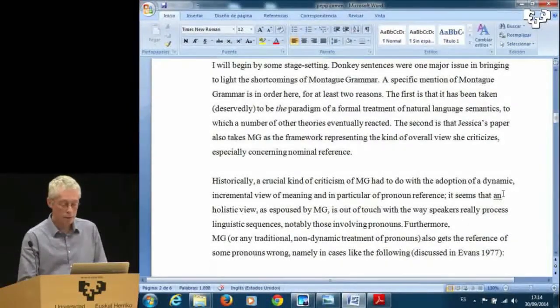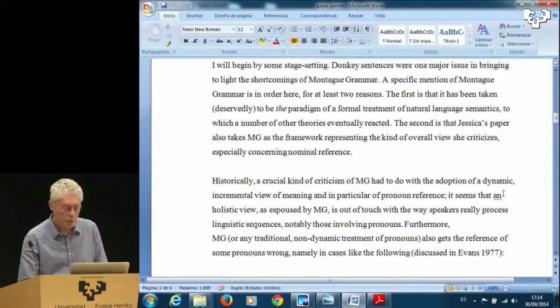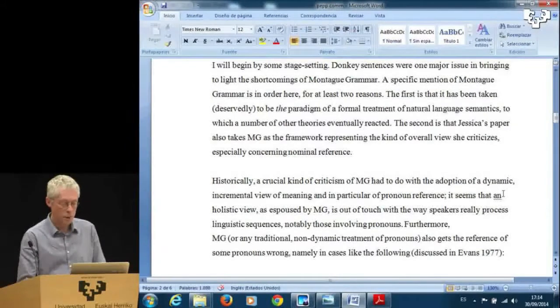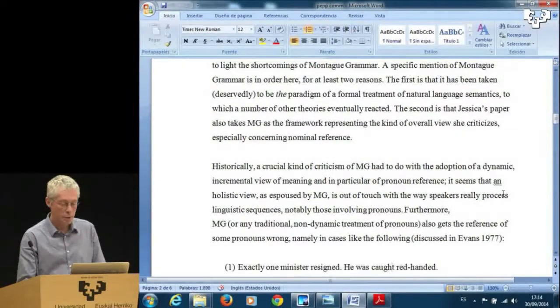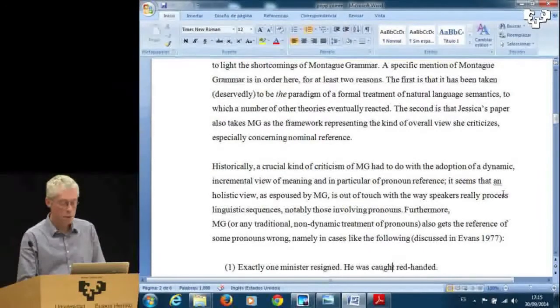Historically, a crucial kind of criticism of MG had to do with the adoption of a dynamic, incremental view of meaning, and in particular of pronoun reference. It seems that a holistic view, as espoused by MG, is out of touch with the way speakers really process linguistic sequences, notably those involving pronouns.